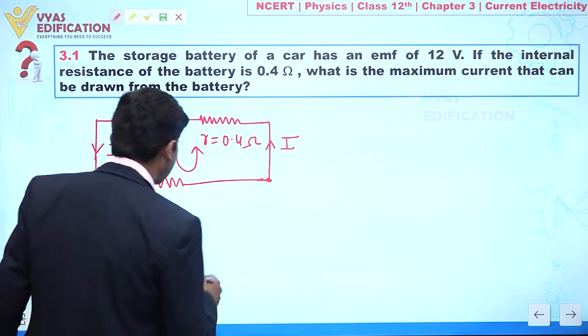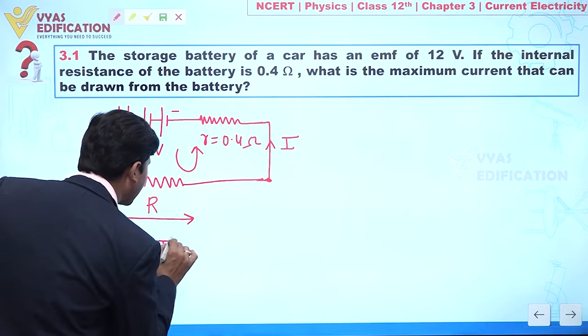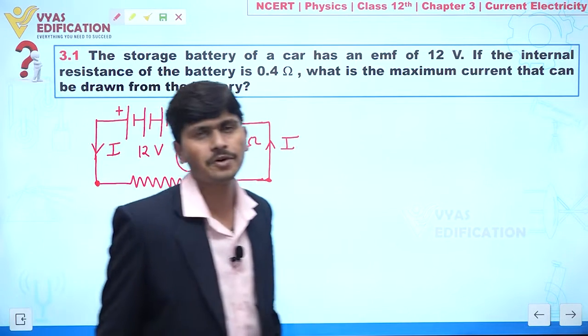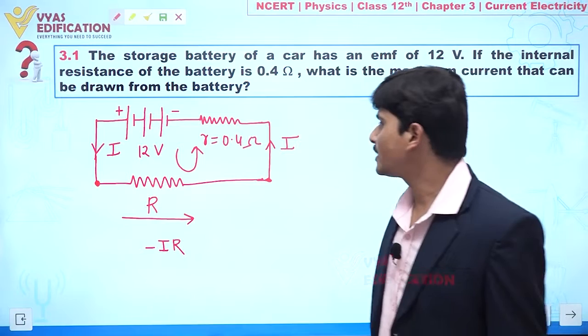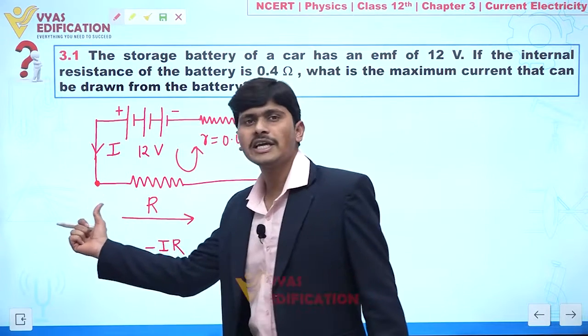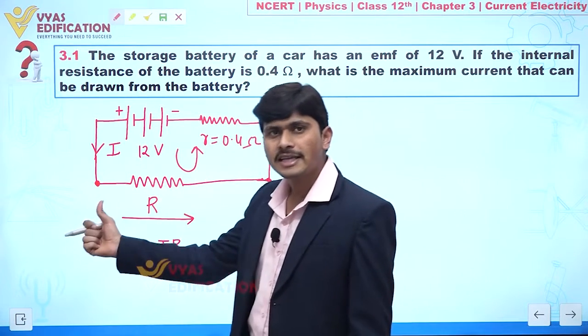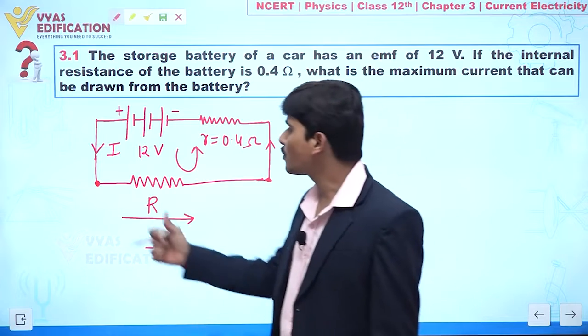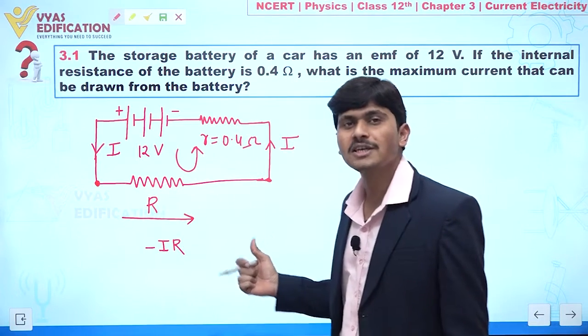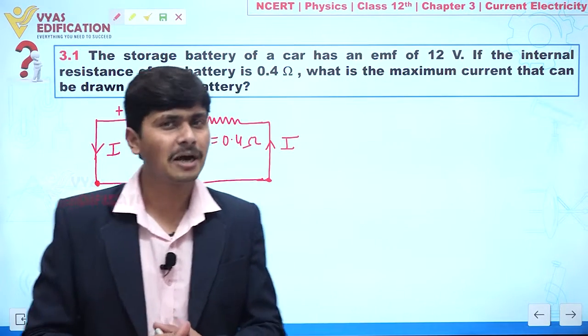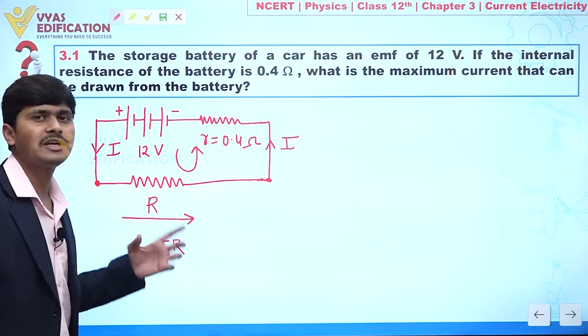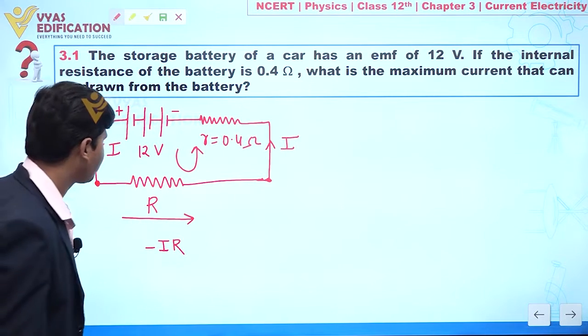It means here we are getting a potential drop. So I can write this as minus IR. This is very important. Why am I writing minus IR? Because I am going in the direction of current, from higher potential to lower potential, so we have a potential drop, and its value is minus IR. Clear to you?